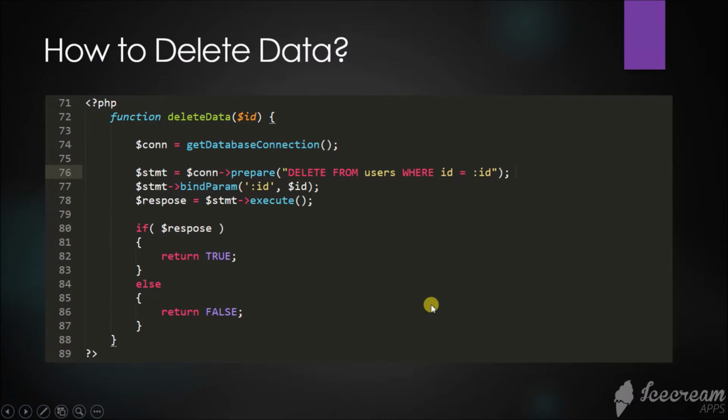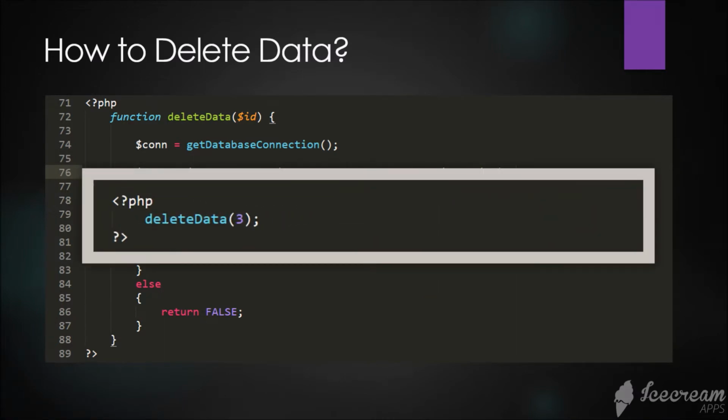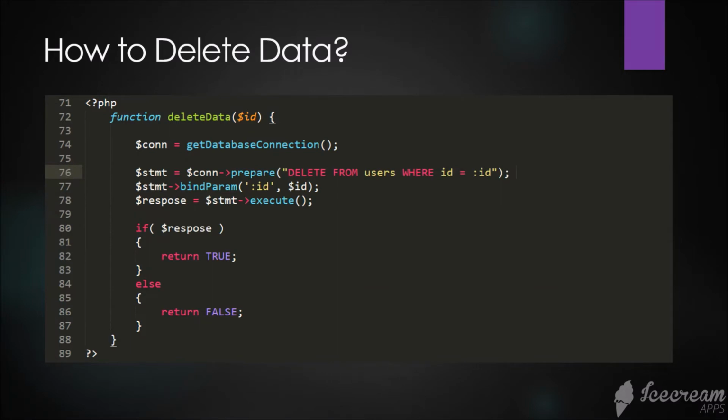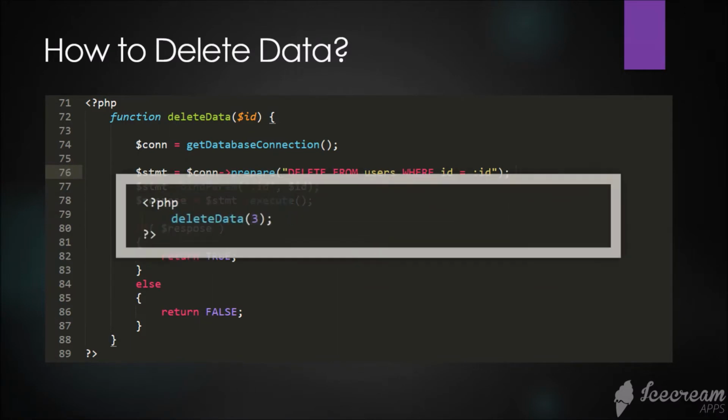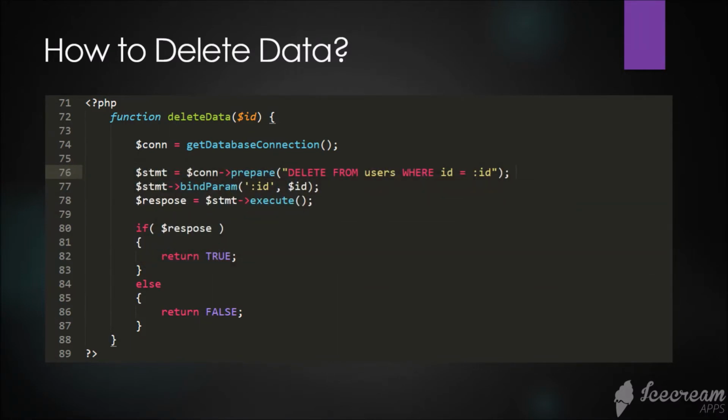To call the function, we just do this. Delete data, which is the function name, then pass an argument of ID, whichever ID you want to delete. But of course, guys, in the actual process, if you're already making a web application, it is not recommended to delete the actual record. Why?